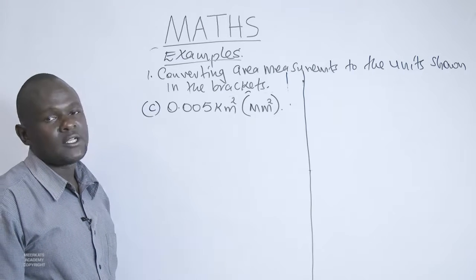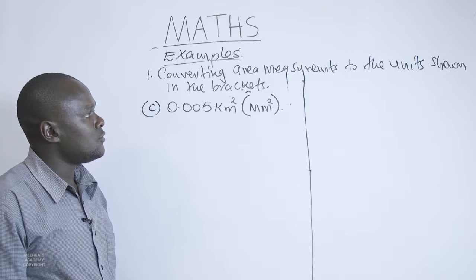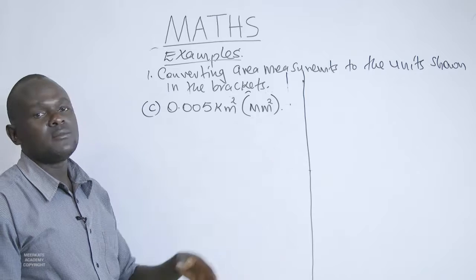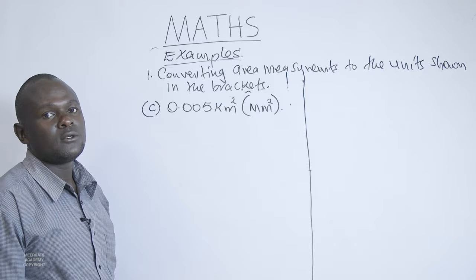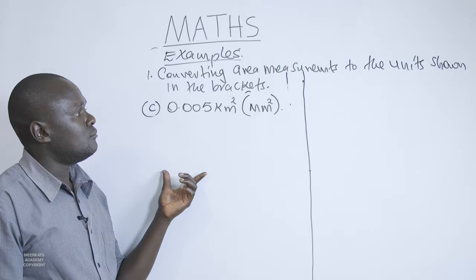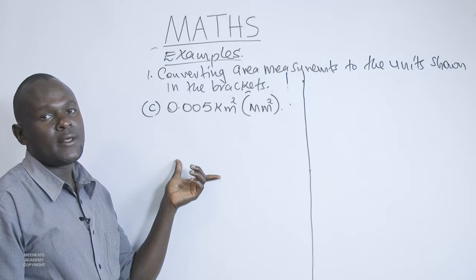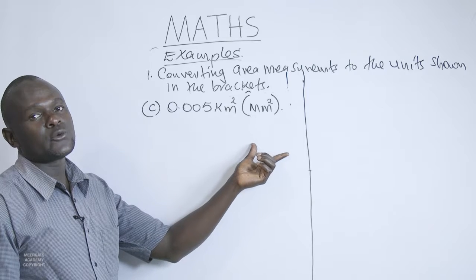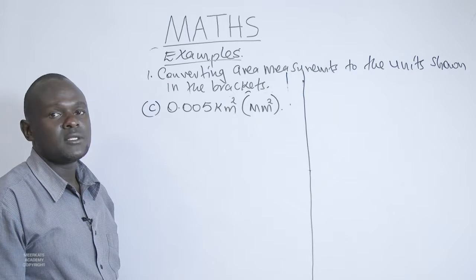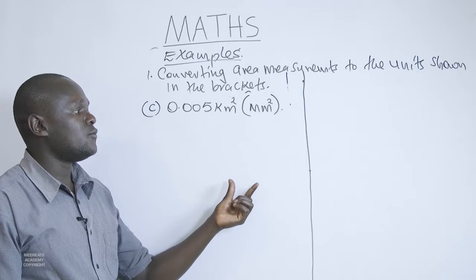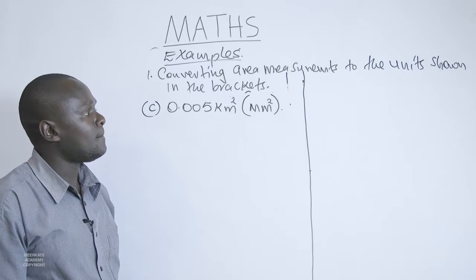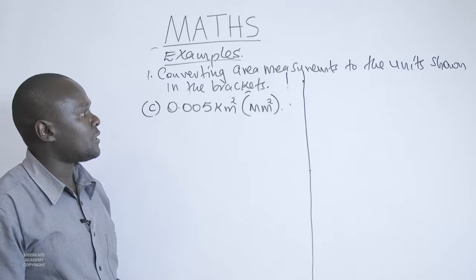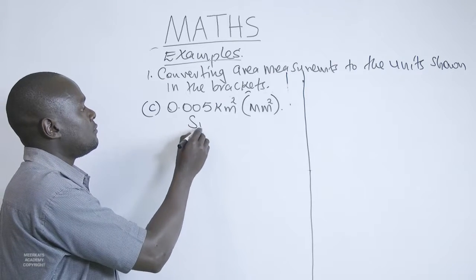Referring to our chart that we have just created, you discover that to move from square kilometers to square millimeters, we will first of all move through other units, from square kilometers to square meters, then from square meters to square centimeters, and lastly, from square centimeters to square millimeters. All those operations should be performed.